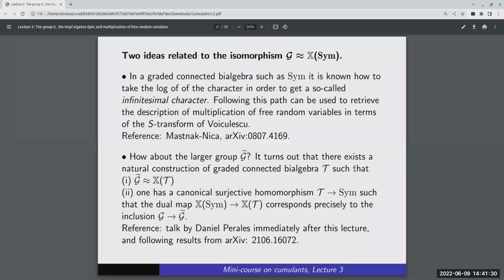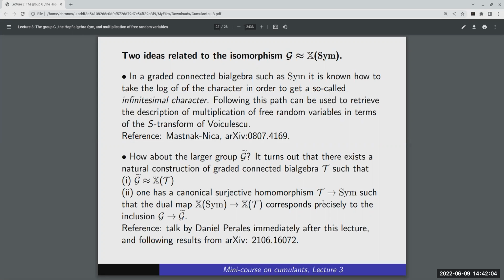Okay. Another idea, more recent, is this. So G was a subgroup of G Twiddle. It turns out that, in the same spirit as what I showed, it is possible to construct a graded connected bialgebra, which in the paper that I'm referring to is called T, such that G Twiddle is identified naturally as the group of characters of T. Moreover, G is contained in G Twiddle.